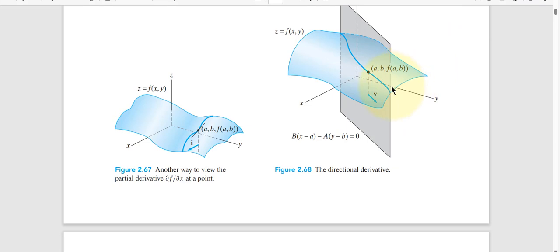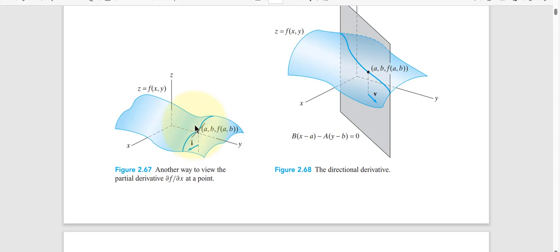So the next question is, what direction provides the greatest ascent or greatest descent? In which direction is the surface increasing fastest or decreasing fastest? We know that there are some directions that we can move in, say in this picture here, where the curve doesn't even increase at all.